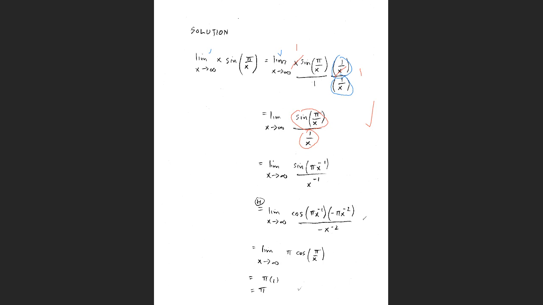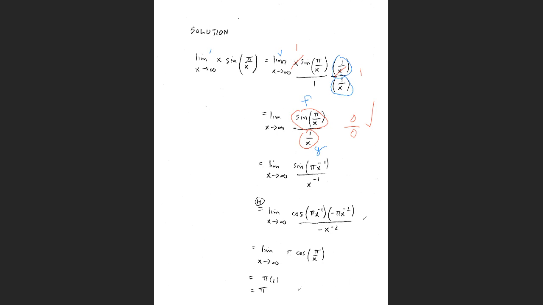All right. Do we have an indeterminate form here, say 0 over 0? I'll call the sine of pi over x my function f, and 1 over x is my function g.